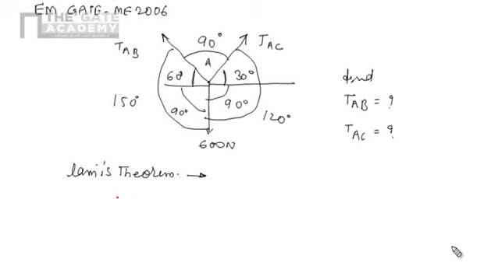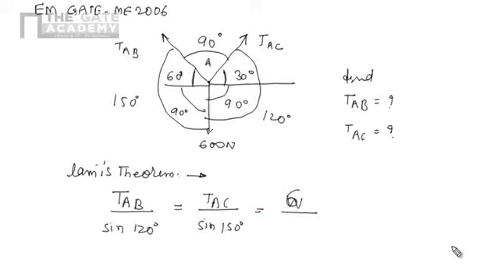According to Lami's theorem, we can write TAB divided by sine of the angle between the opposite two forces, that is sine 120 degrees, equals TAC divided by sine of the angle between the opposite two forces, that is sine 150 degrees, equals W, that is 600, divided by sine of the angle between the opposite two forces, that is sine 90 degrees.